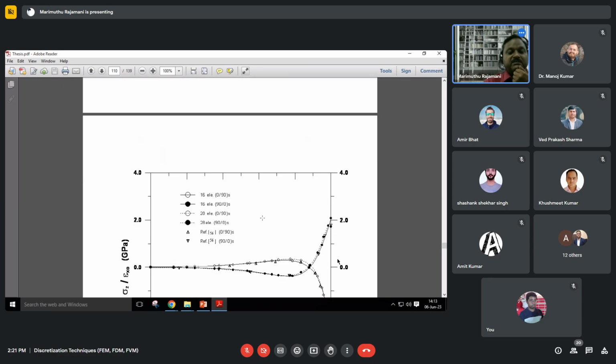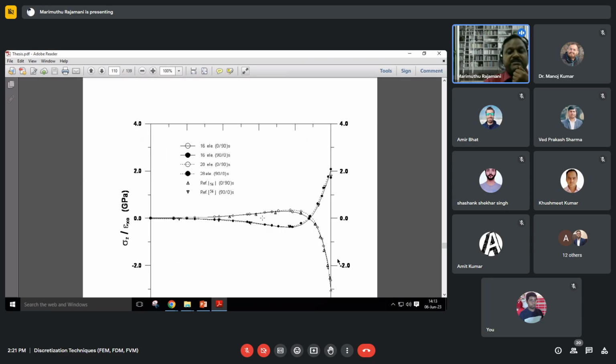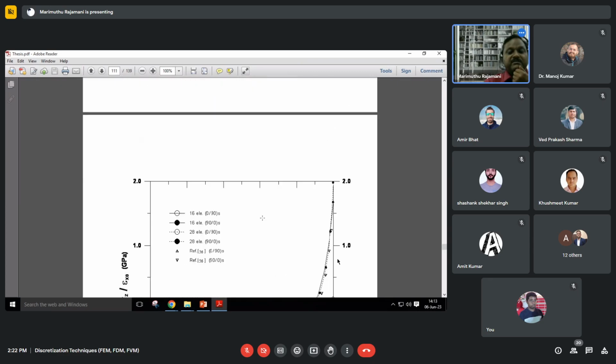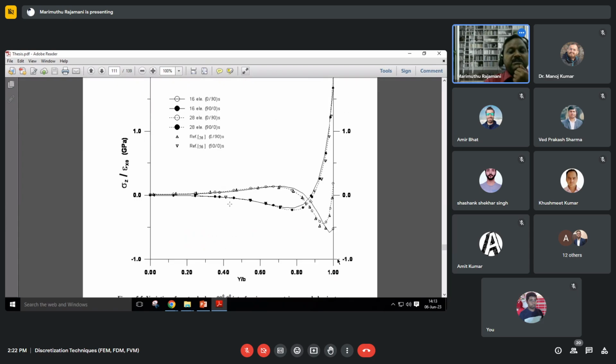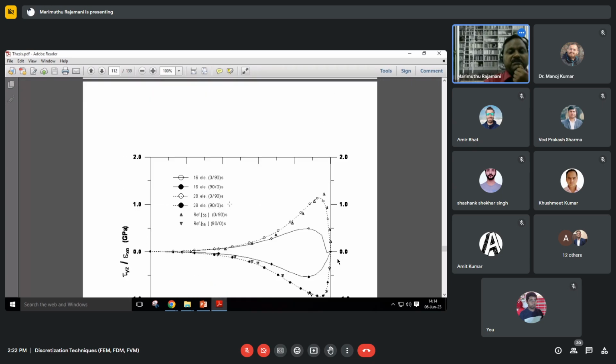This is the sigma z stress variation. This is the tau yz stress variation.